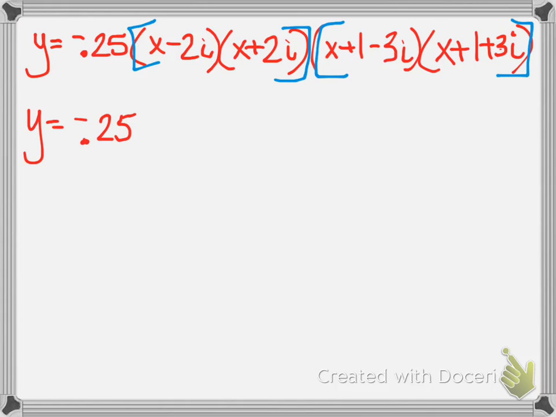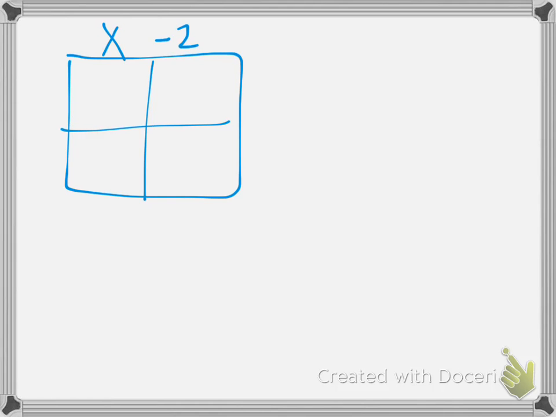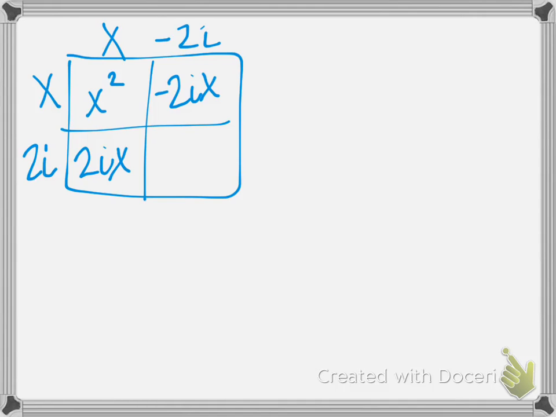And then I'm going to multiply x minus 2i and x plus 2i. I really could FOIL this. I'm just going to stick with area model just to go through it. So x minus 2i and x plus 2i. Remember, my imaginary numbers should cancel. So this becomes x squared minus 2ix, and negative 4i squared.